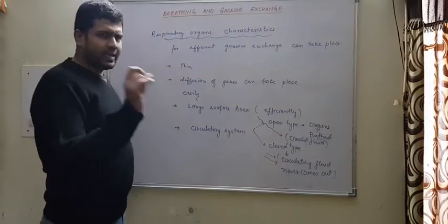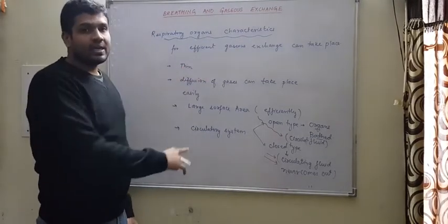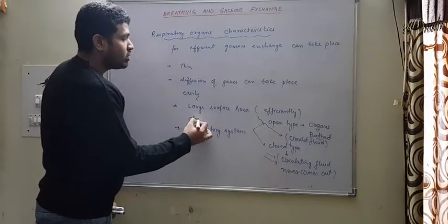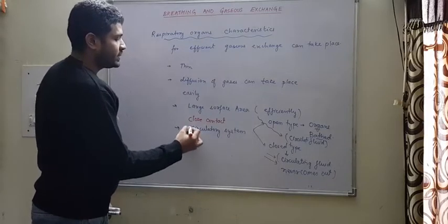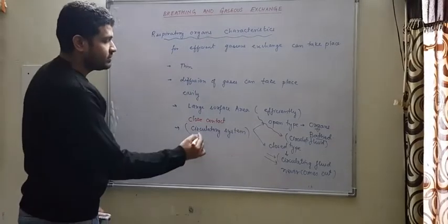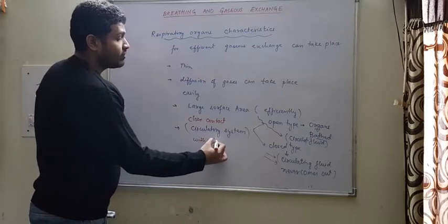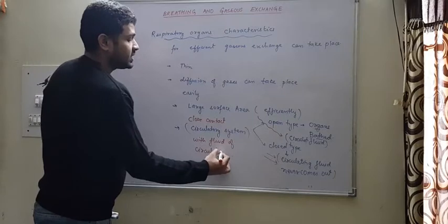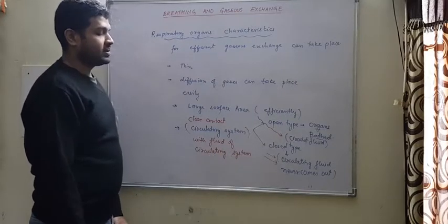So the point is that the gaseous area, the diffusion area, the respiratory organ, should be in close contact with the fluid of the circulating system or circulatory system.